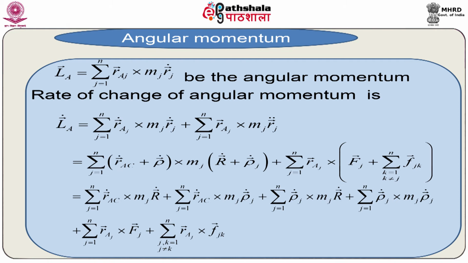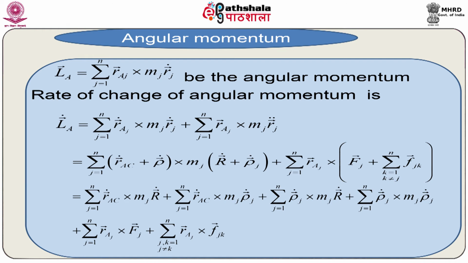This one comes from this term, this term here, this term here, other terms. This one vanishes, since we have already proved the sum of this equals 0, and this term also vanishes since the sum of this term equals 0. So, we get only these 3 terms.